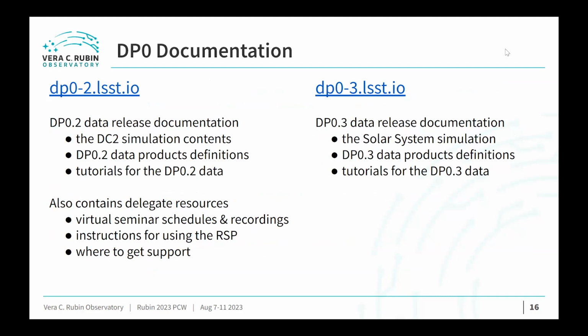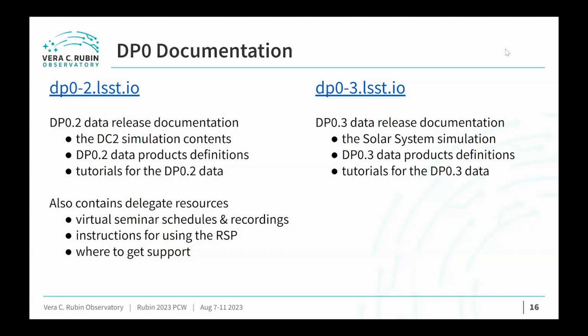These are the two main sites for documentation. So at dp0-2.lsst.io, you'll find all the information I just told you about the DP0.2 datasets. You'll also find a bit of additional information about using the Rubin Science Platform, what you can do in the different aspects. And also in that documentation, our virtual seminar schedule is there.